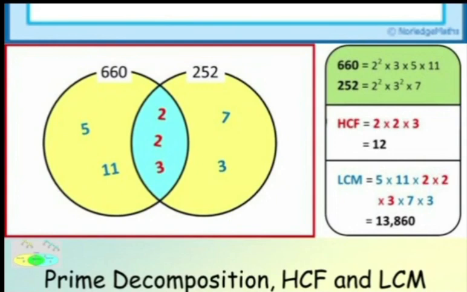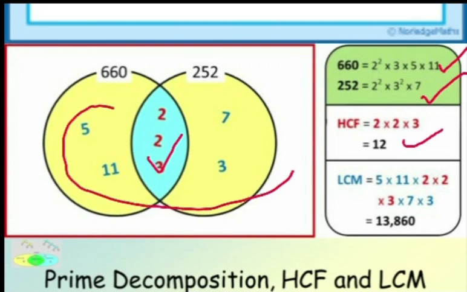Now we consider two numbers 660 and 252. We have found prime factors here, and this common part gives the HCF. Product of all these numbers gives the LCM.